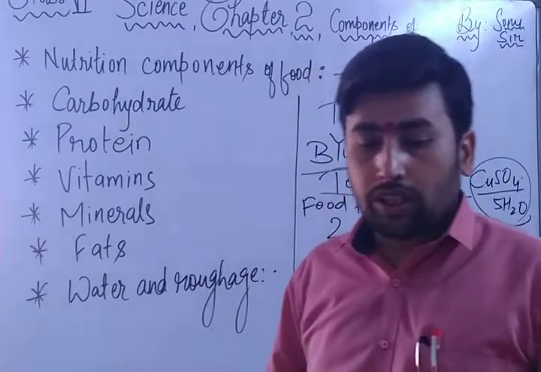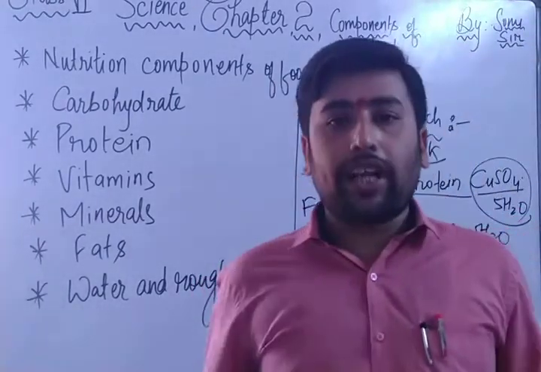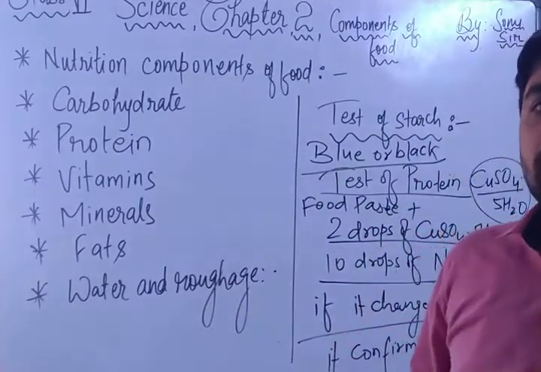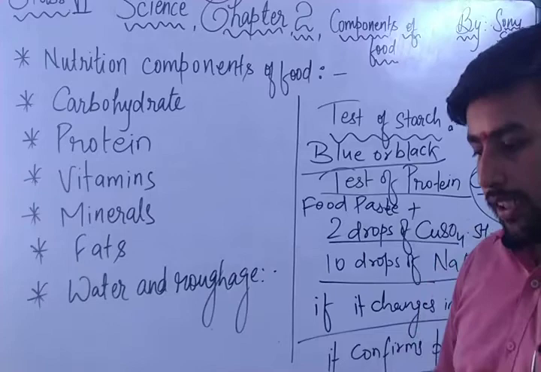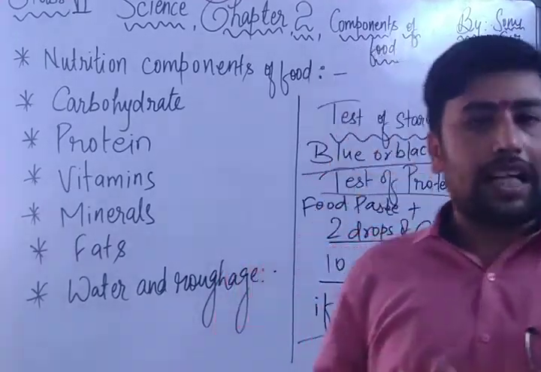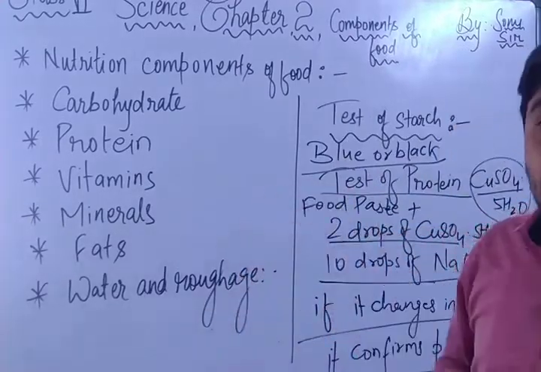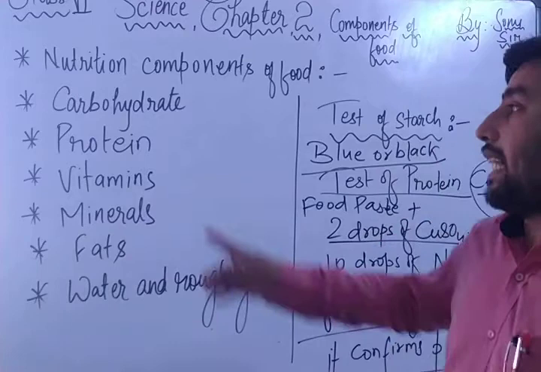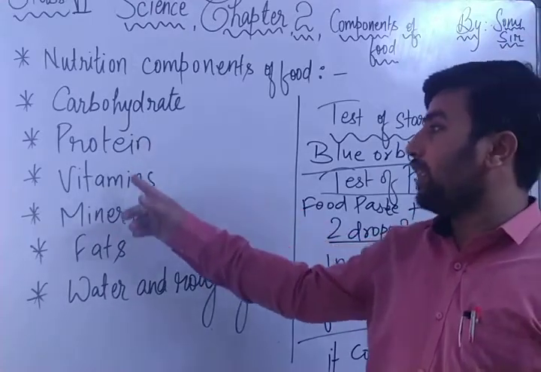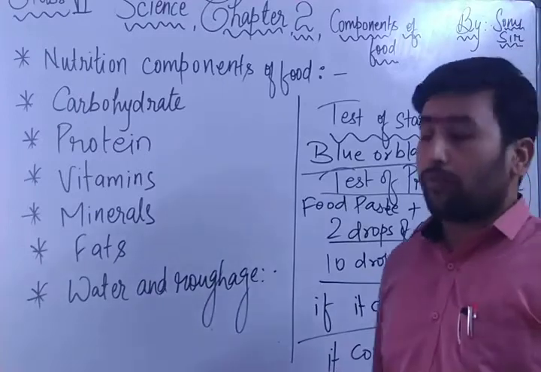What is nutrition? The food items, meaning the ingredients, are nutrients. After eating those nutrients we get nutrition. So whatever food items we are eating, either burger, pizza, rice, chapatis, vegetables, pulses, each and every food item is divided into parts: carbohydrate, protein, vitamins, minerals, fats, water and roughage.